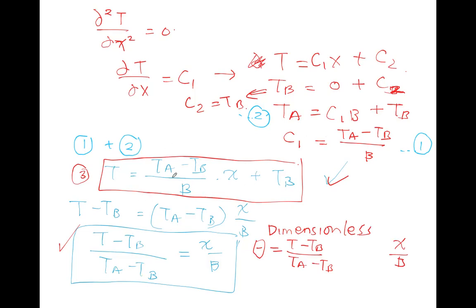Again the profile. Or if you want to make it dimensionless, you can take T minus TB, and divide both sides by TA minus TB, so you can get it in terms of x over b. I think it's understandable because it is steady.